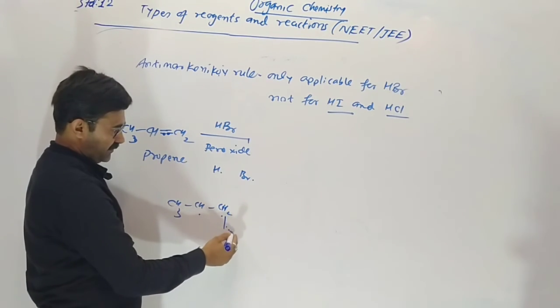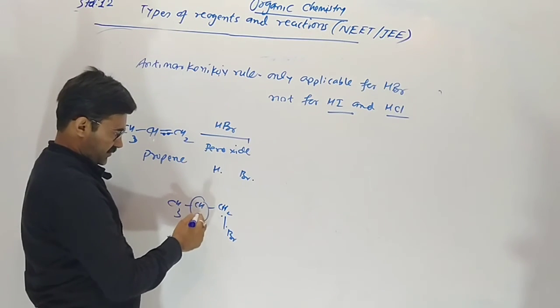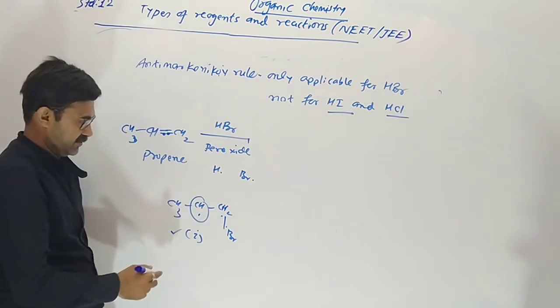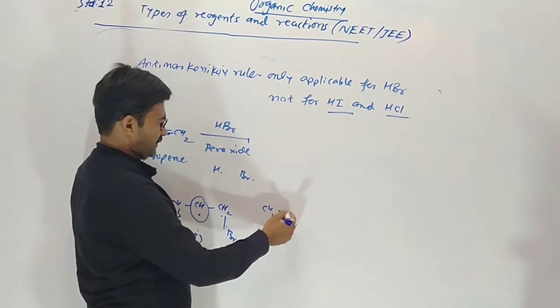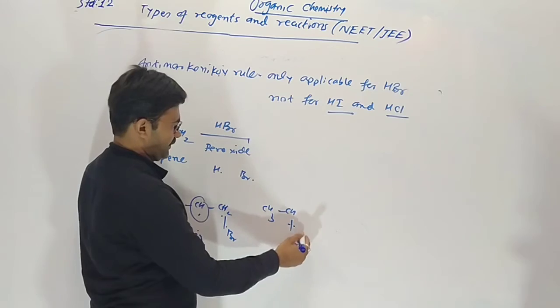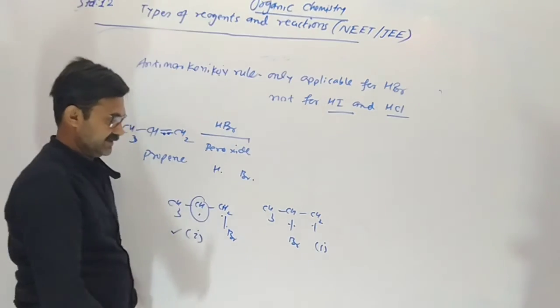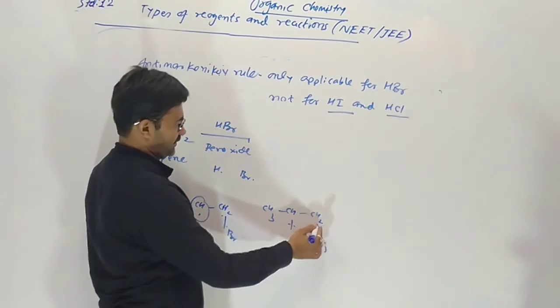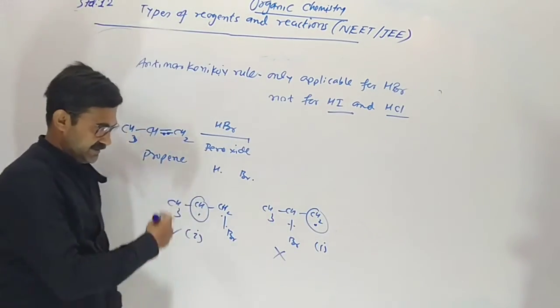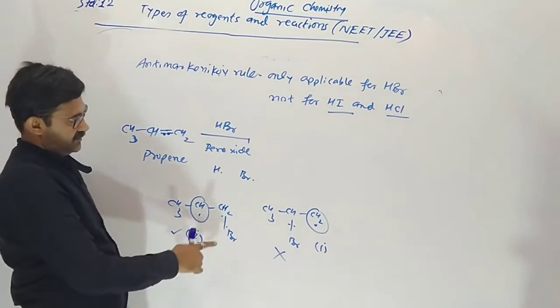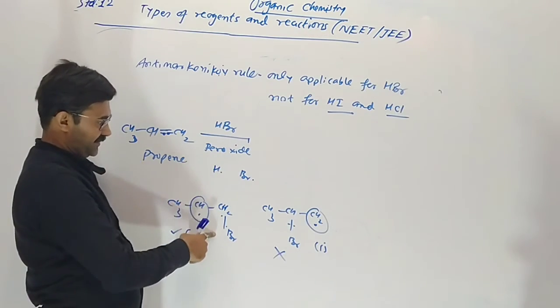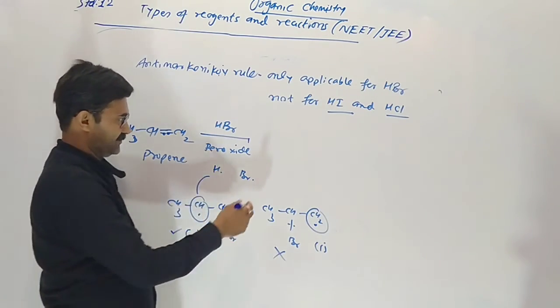If bromine combines here, the secondary free radical is more stable. If bromine combines here, this is a primary free radical, which is unstable. So this possibility is not possible. So bromine first enters here, then hydrogen here.